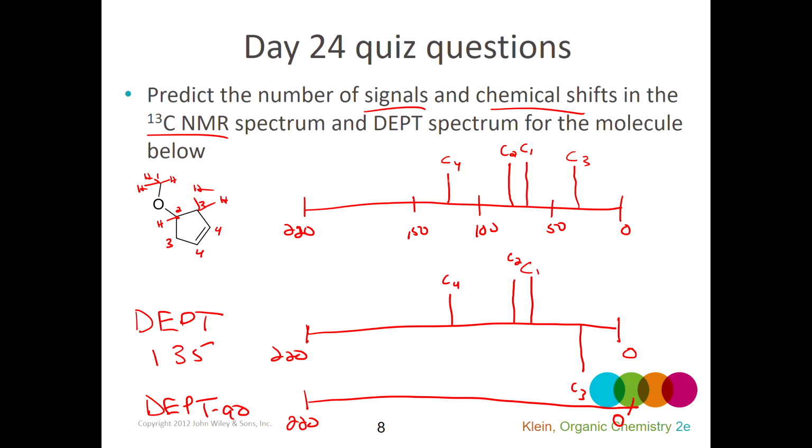Carbon 2 and carbon 4 are both CHs, so I would see a peak in the same spot where carbon 2 should be, and another peak where carbon 4 should be. So the DEPT 90 would only show 2 peaks because there's only 2 different carbons, 2 and 4, that have 1 hydrogen.